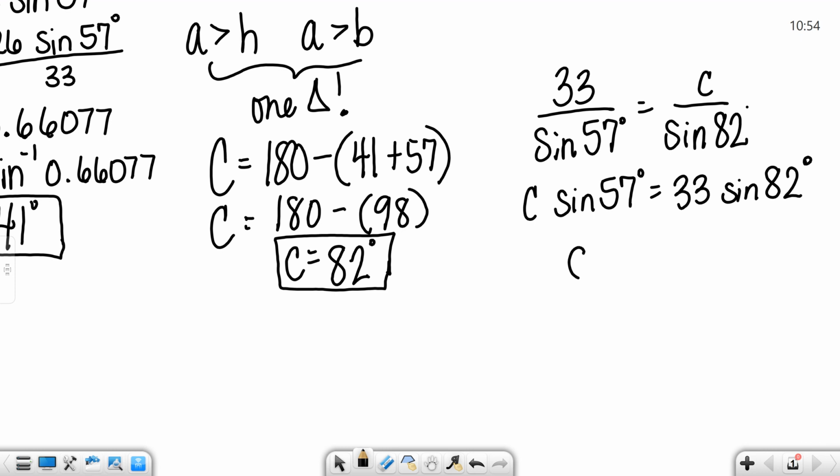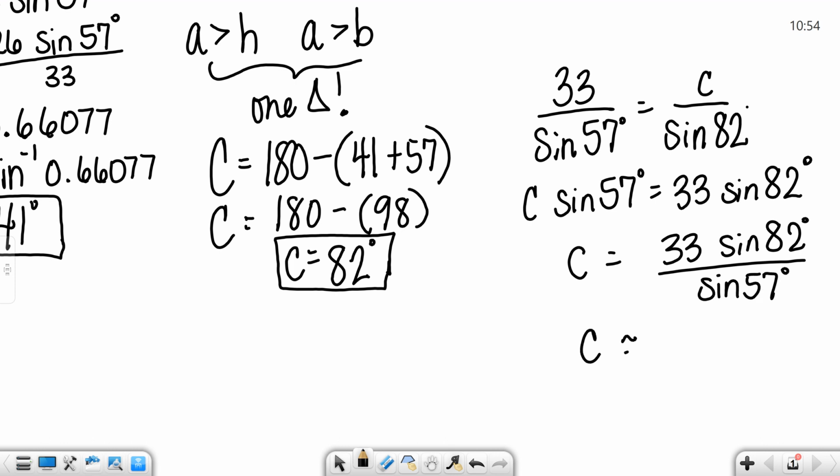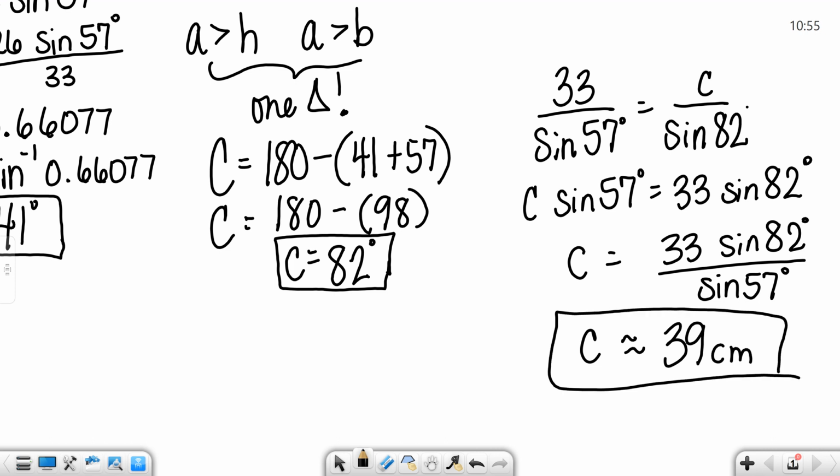To get c alone, I divide both sides by the sine of 57. Type that in your calculator to get little c. Rounding to the nearest whole number, we should end up with 39 centimeters. So little c is 39 centimeters, big C is 82 degrees, and big B is 41 degrees.